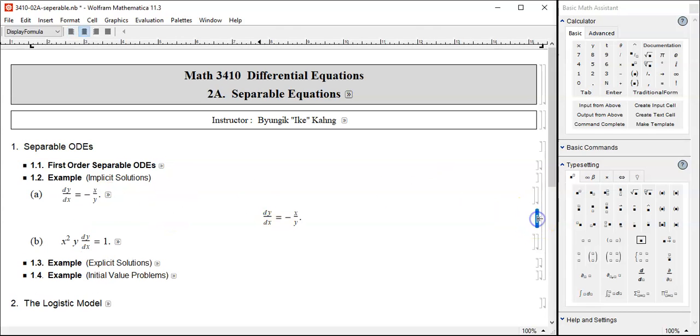Okay, how to solve this? Separation of variables, all the y's on one side, all the x's on the other side. So y dy is equal to negative x dx. And then we take the antiderivatives.